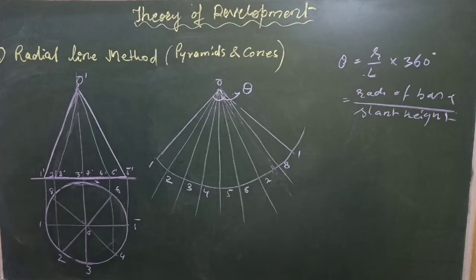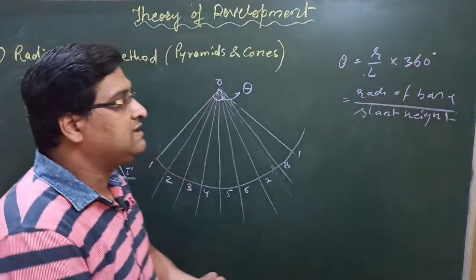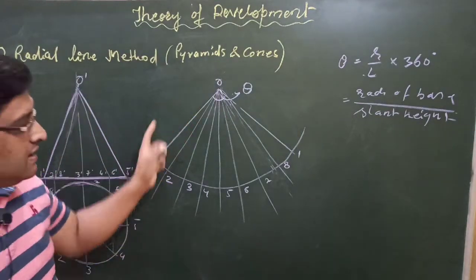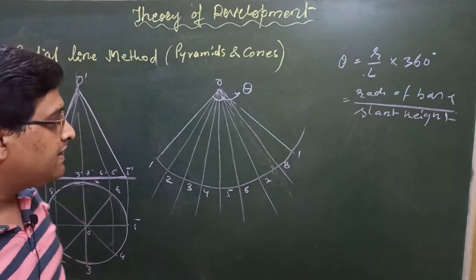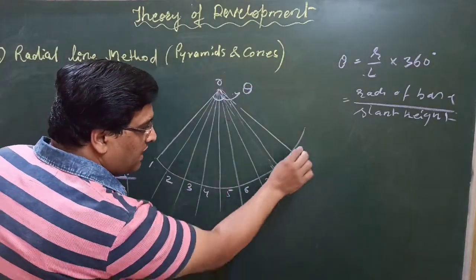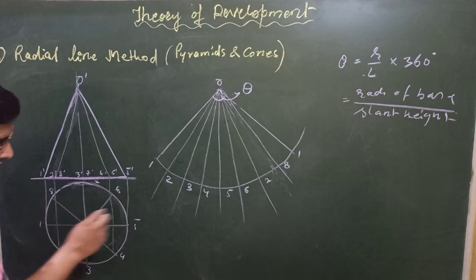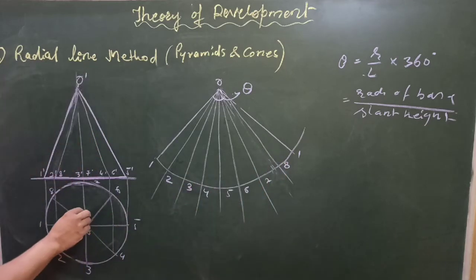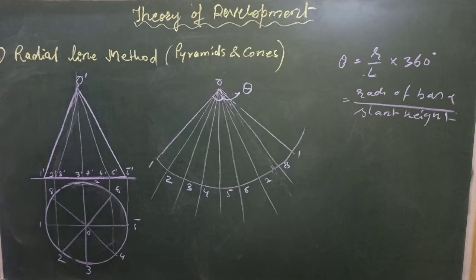So you have to take this distance and multiply by 360 degree. So whatever the angle is there, you have to drop that angle so that this O1 will be obtained. Now divide this angle theta into the equal number of parts as we have done here. Whatever the number of parts are here, if it is 8 here, then 8 divisions. If 12 parts are there, then you have to divide this sector also into 12 parts.